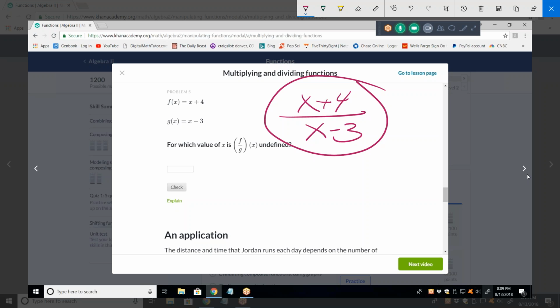It would be negative 4 or positive 3. Just positive 3. There is no rule in mathematics that says you can't divide into 0. If x were negative 4, you would have 0 divided by minus 7. That is legitimate. You can do that all day long. It's equal to 0.